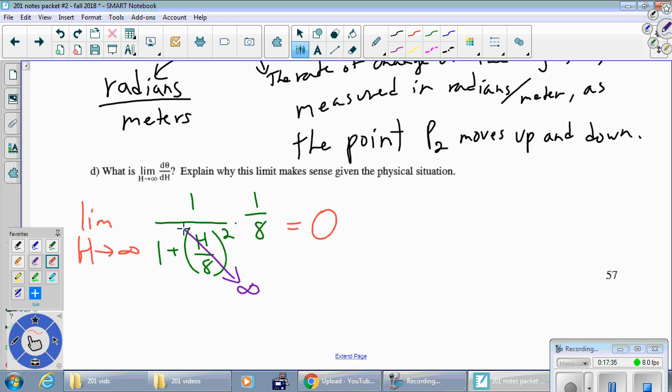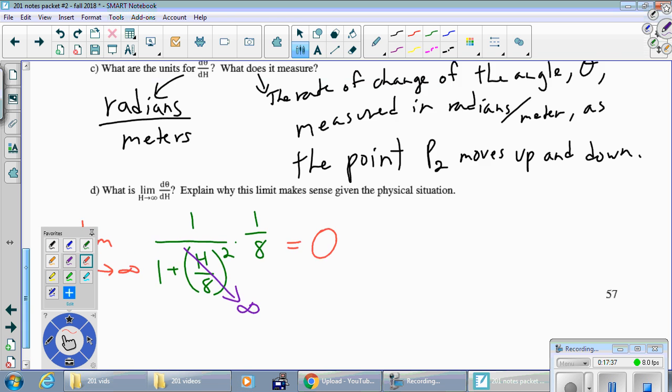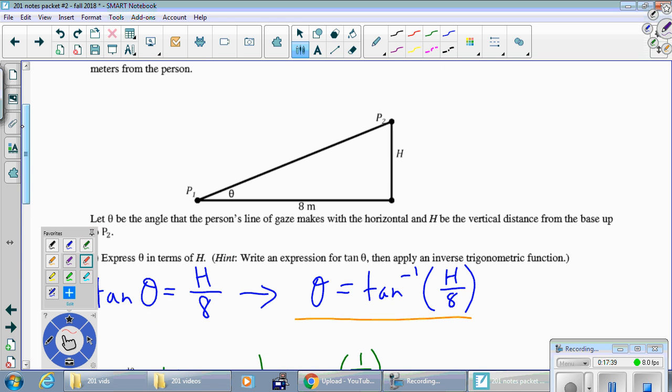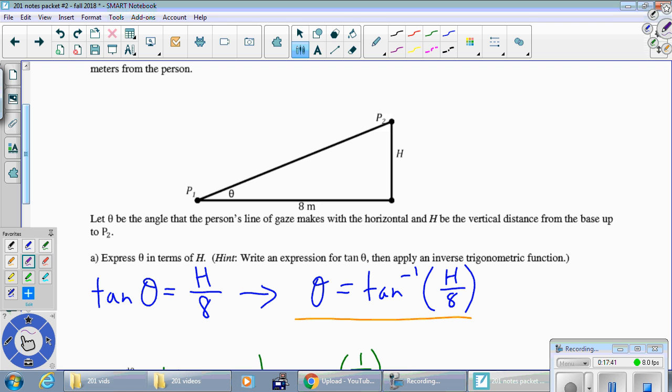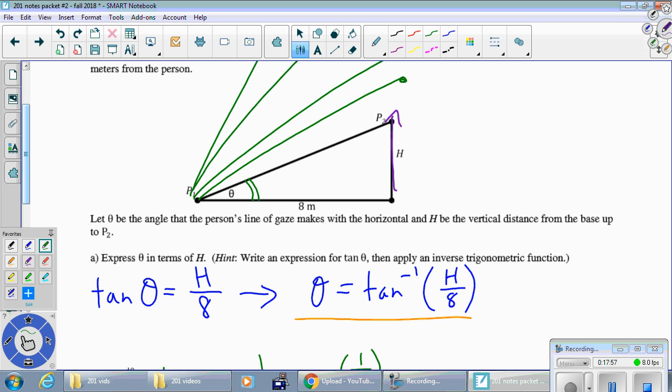What does that mean? Okay, let's take a look. h is going to infinity in this picture. That means that this h is getting bigger and bigger and bigger, which means the point is going up the wall forever. And as the point goes up the wall, this person has to look higher. Maybe the point is up here and then higher, and the point is up there and then higher and then higher. And the question is, what happens if we send h to infinity?